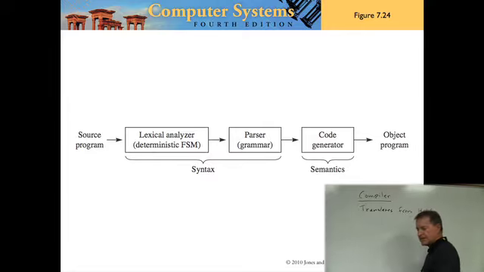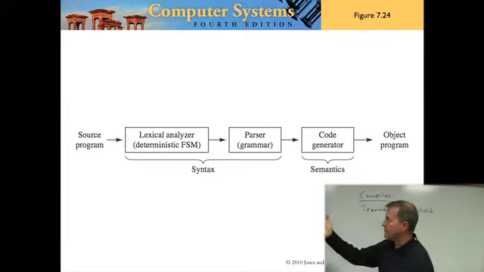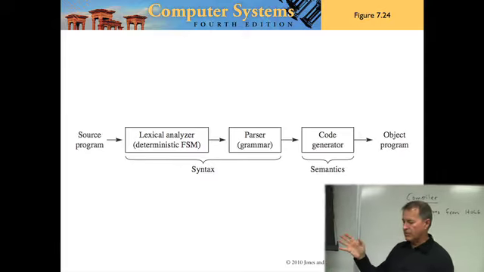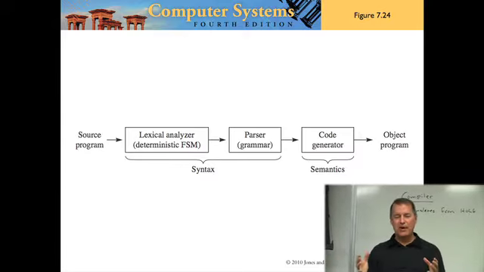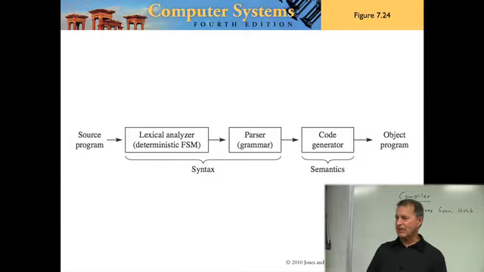Now we can see on this figure what the compiler does. What does any program do? It takes input, processes it, and produces output. So the input to a C++ compiler is a source program.